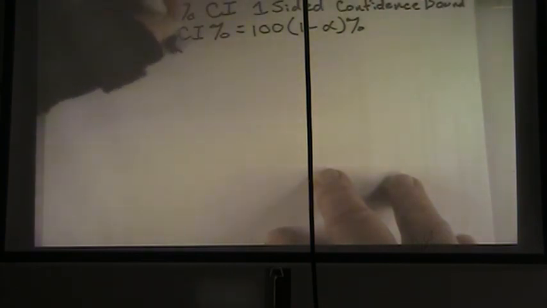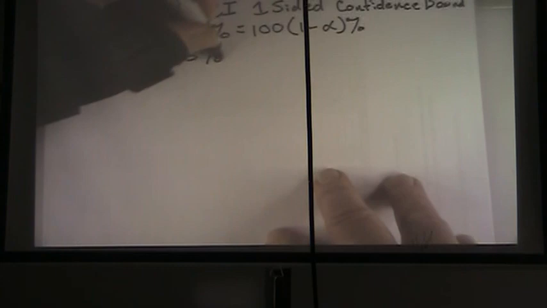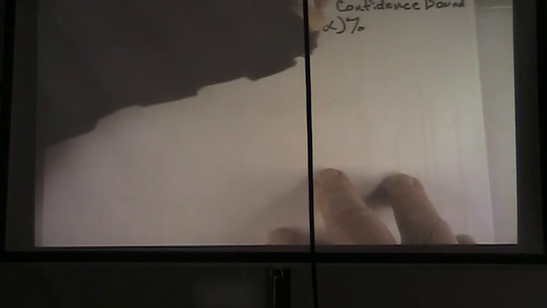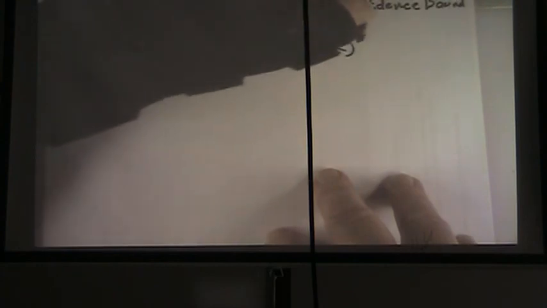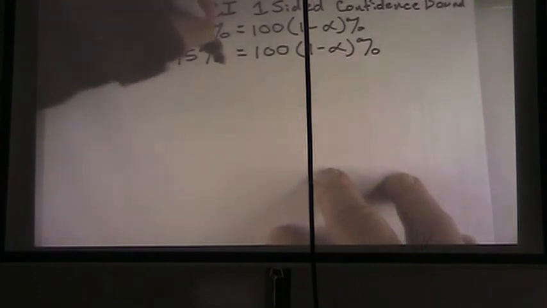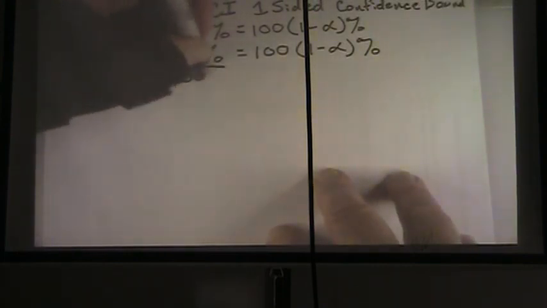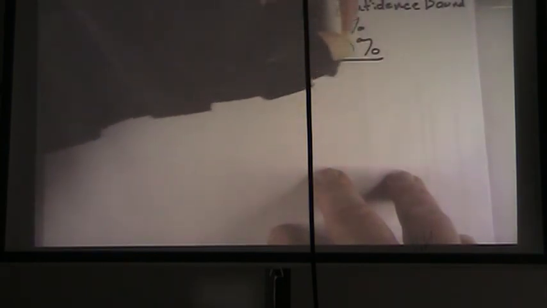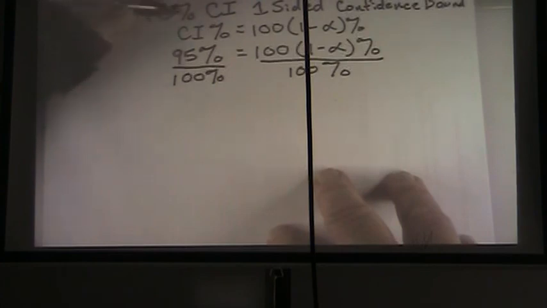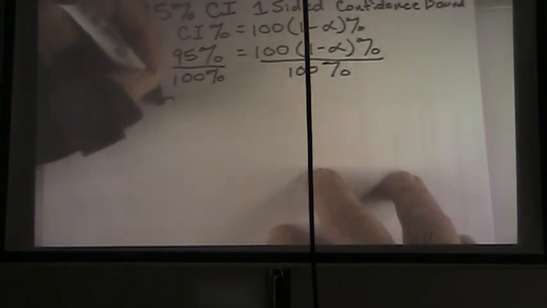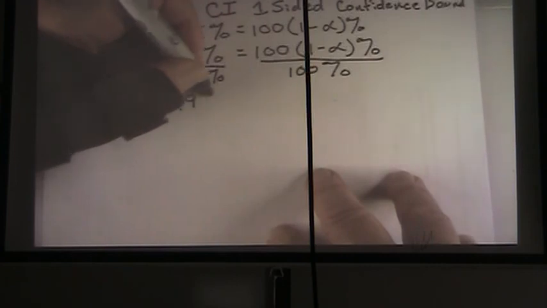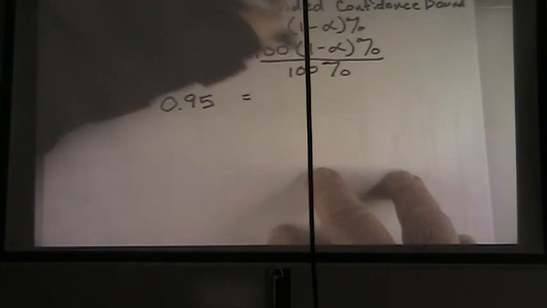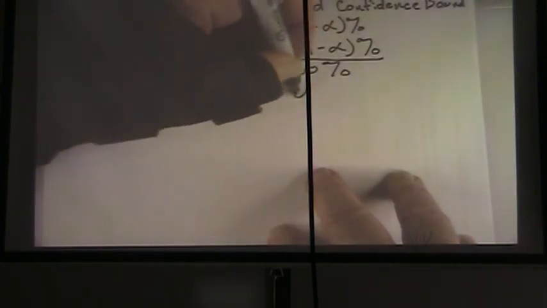We substitute in 95% equals 100 times 1, the quantity 1 minus alpha percent. We divide both sides by 100%. And here we get 0.95. And over here we get 1 minus alpha.